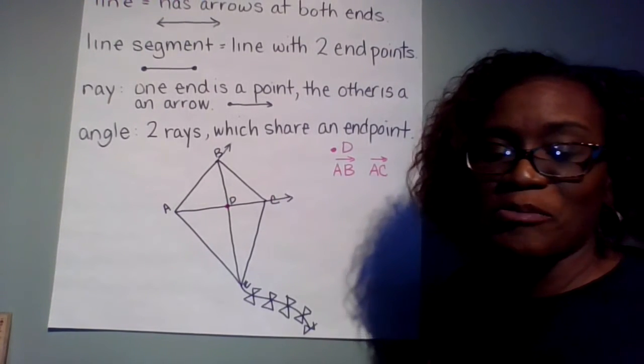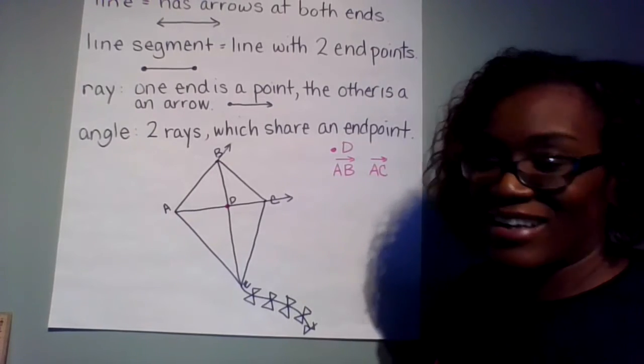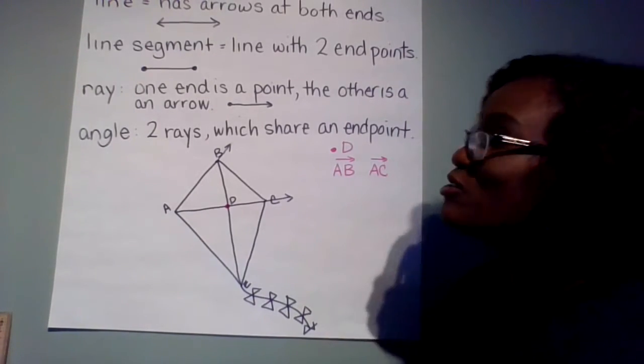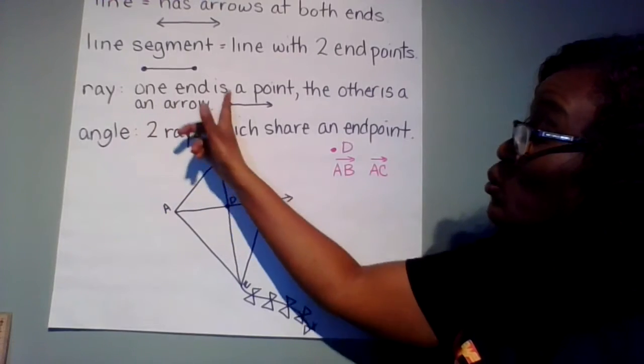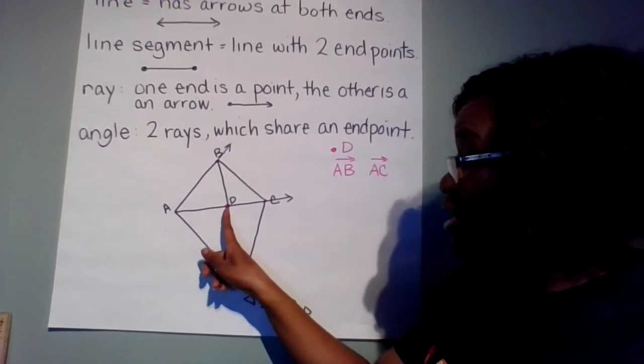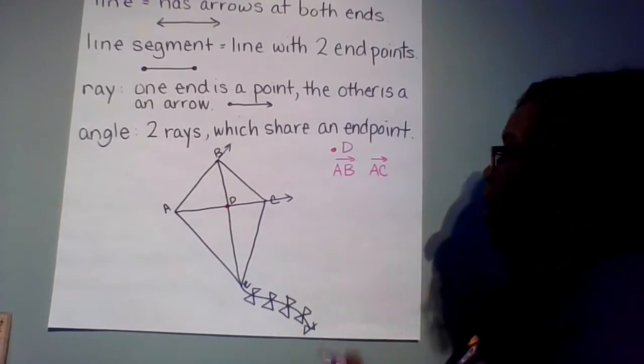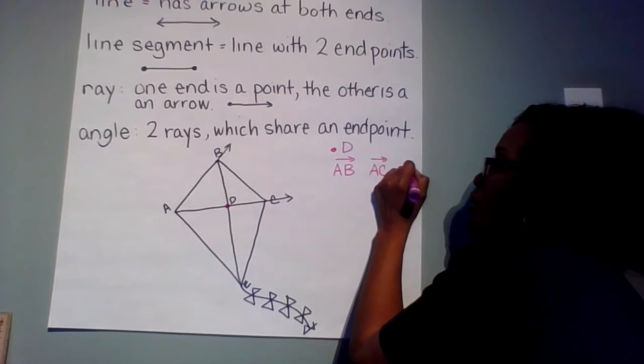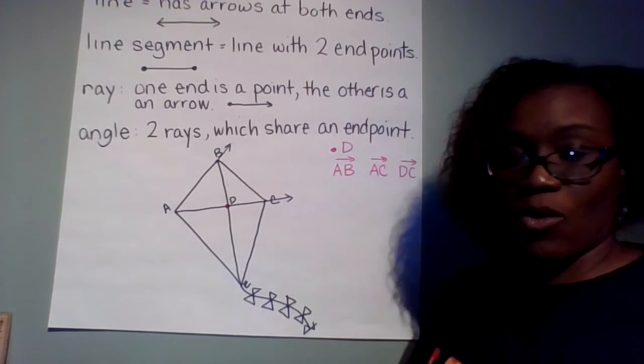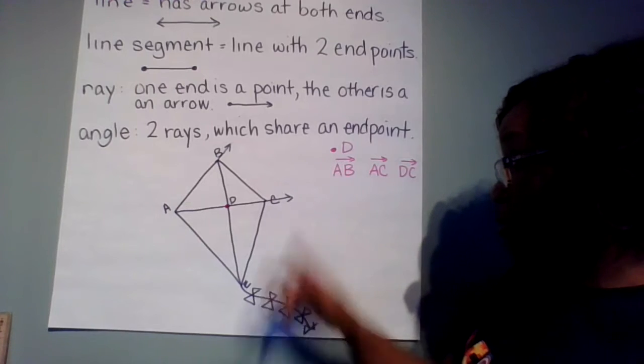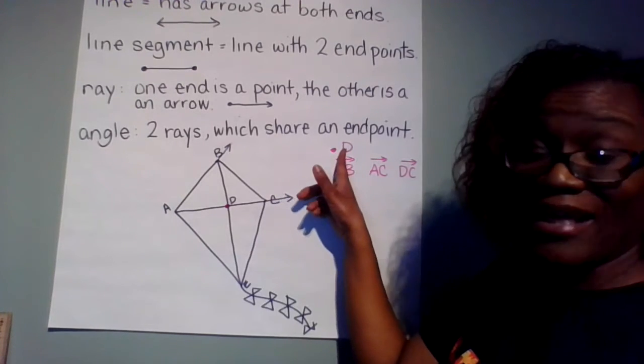And can anyone else pick out one more ray? That's right, you guys, you are so smart. Remember, a ray has one end, which is a point. Here's my point D. So I could say DC is also a ray. So if I want to write a point, I just write the dot and the letter.